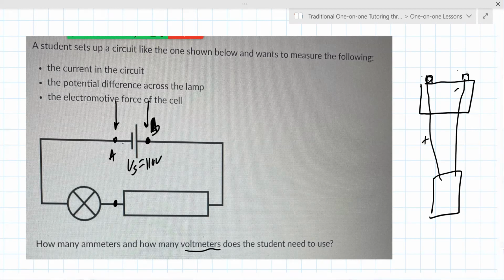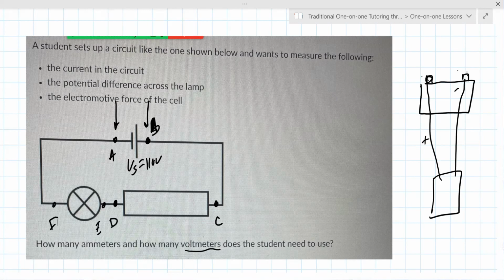Okay. So in terms of how many voltmeters would the student need, they might want to measure the potential difference across the lamp, and the electromotive force of the cell. You'd want to be able to put something at C and D and maybe E and F to get the voltage across each of those points.